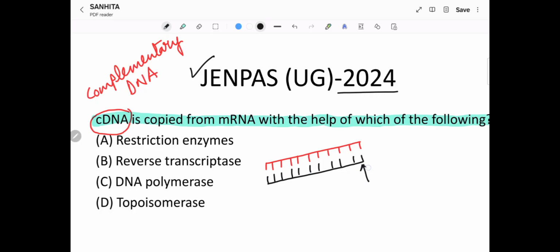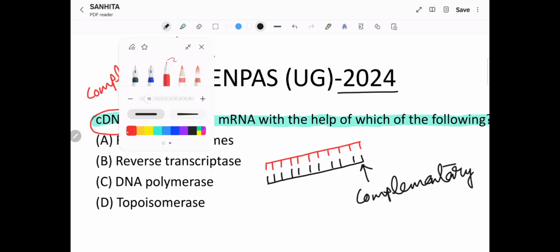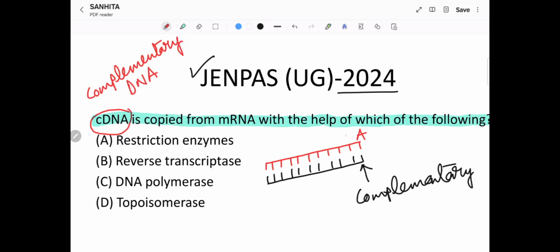So this one is the complementary strand. And how is this complementary strand formed? On base pairing rules. Okay, so what is the base pairing rule? Like, if this strand has adenine, then there must be thymine. So this is the complementary DNA strand.